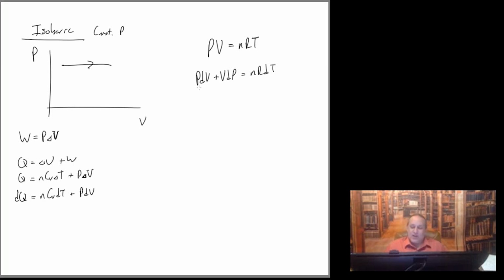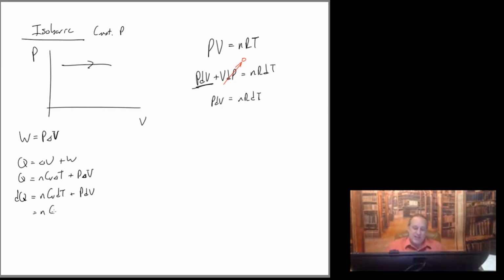And here I have P times dV. Now, since this is a constant pressure process, the pressure is constant, so the derivative of the pressure is 0. And so this tells me that P dV is equal to nR dT, and I can substitute it.